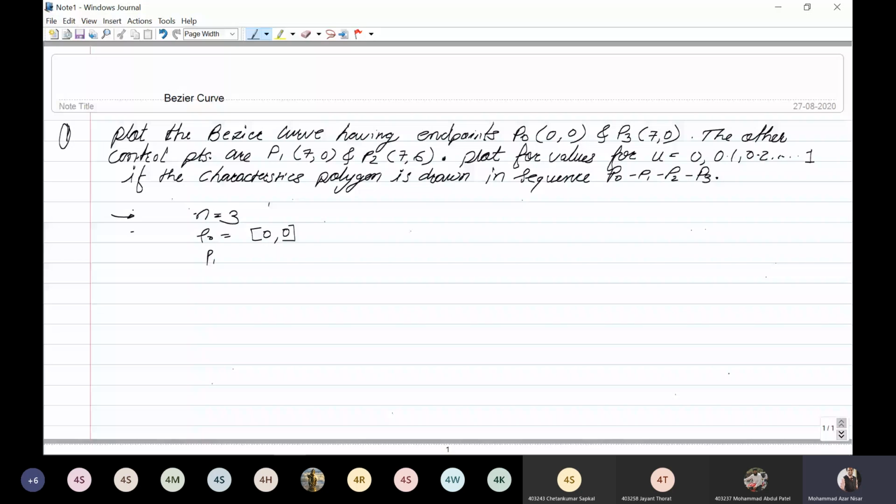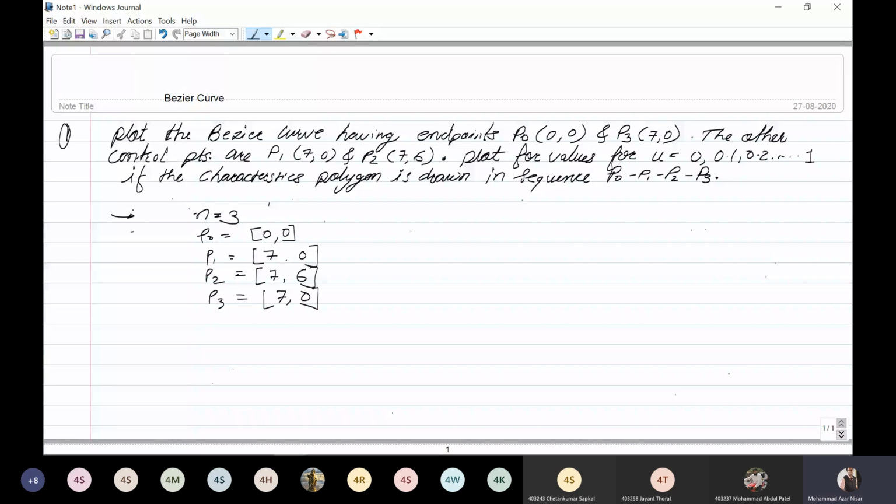P2 is (7, 6). And the endpoint P3 is again (7, 0). So these are the points given to draw the curve.